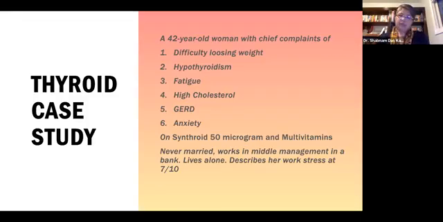Now, she describes her work stress as fairly high, 7 out of 10. But you see, sometimes when you talk about stress, it is important to understand whether that stress is bad stress or it's something that is a part of a job. She's someone in middle management, and she loves her job. So all stress is not always bad.